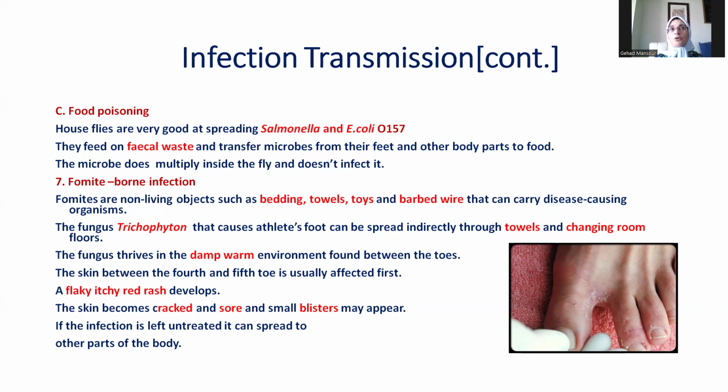One of the major and most famous organisms that are transferred via fomites is Trichophyton with a PH and a Y. Trichophyton is a fungus, a multicellular fungus, and Trichophyton loves, just like any other fungi, living in dark, damp, warm, moist areas.